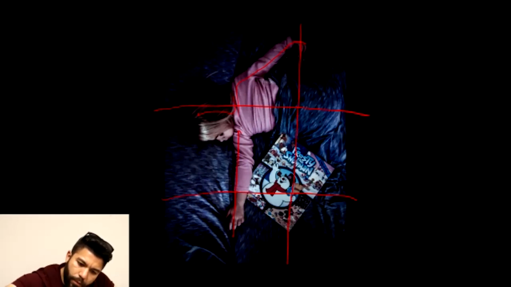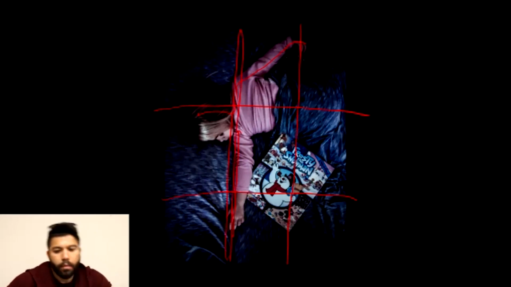Give me that other one. Yeah, I like that. Put it right on that top intersection line and that left intersection point, and then Frosty the Snowman being on the opposite.